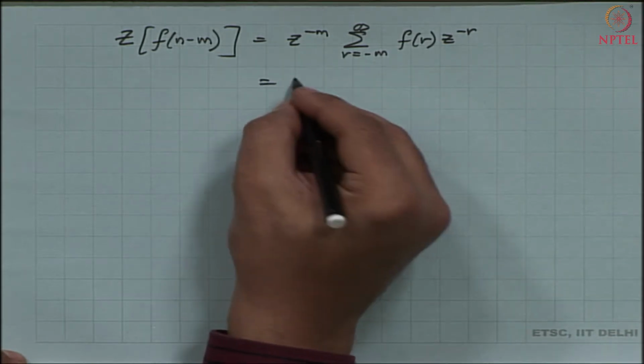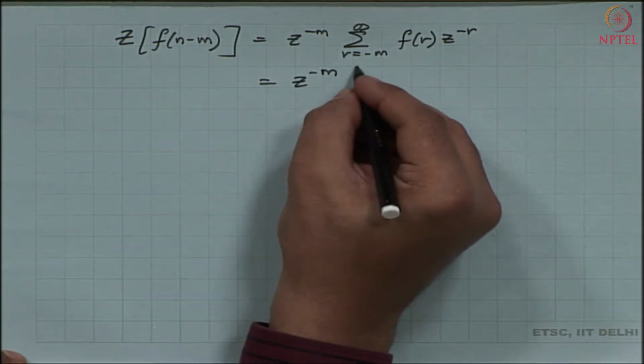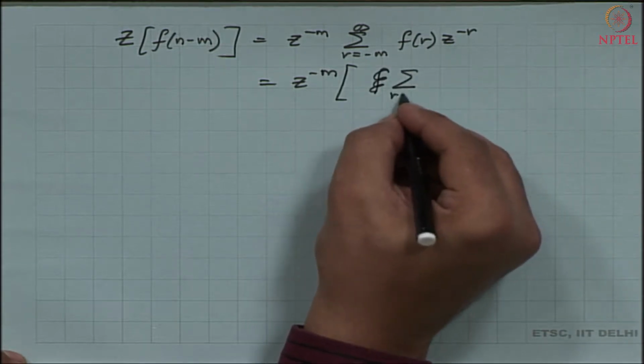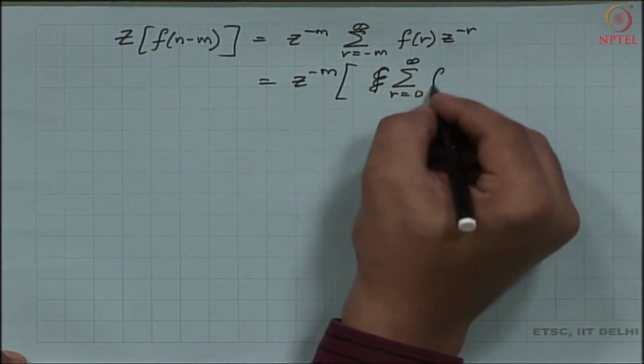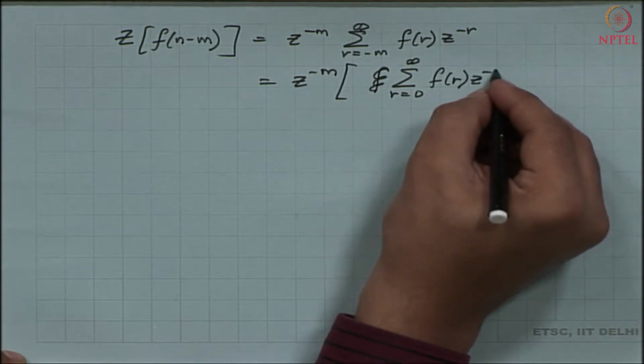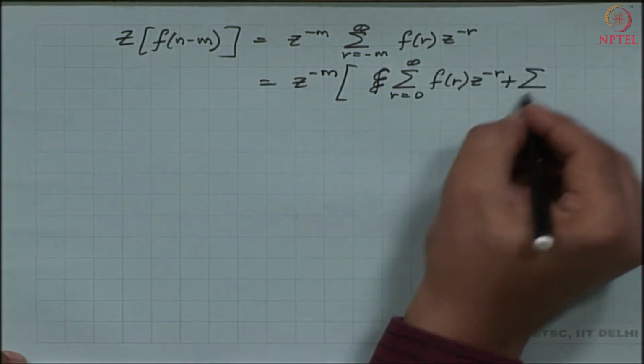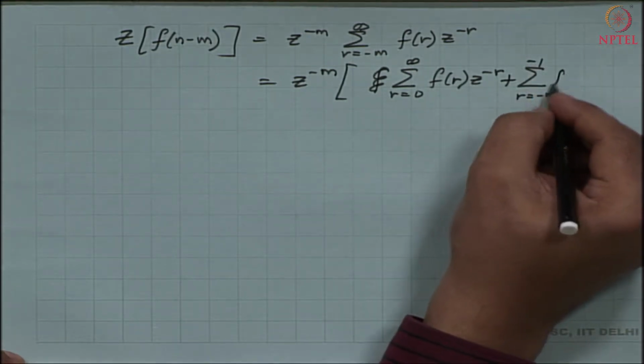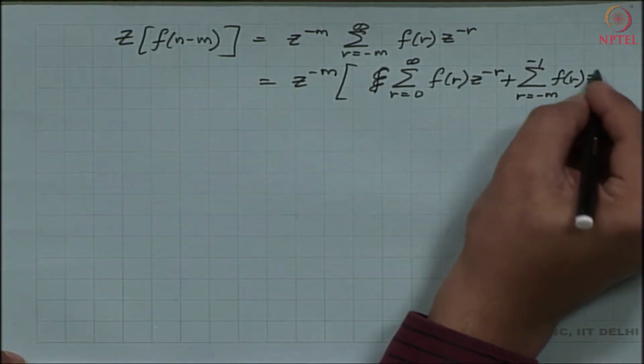So this is also equal to z to the power minus m times the summation r from 0 to infinity f of r z to the power minus r plus the summation r from minus m to minus 1 f of r z to the power minus r.